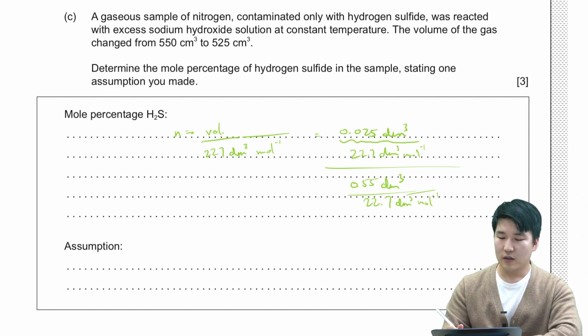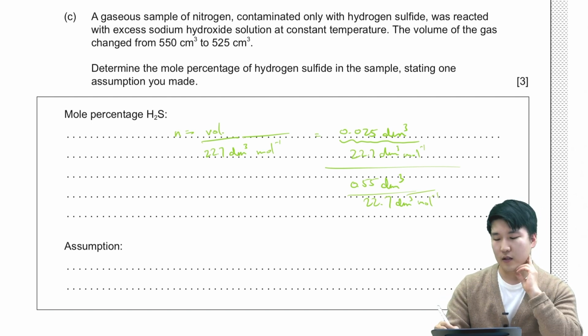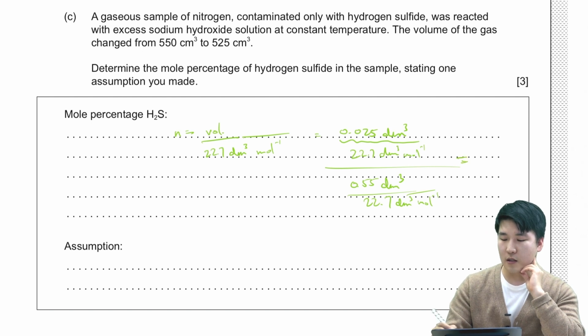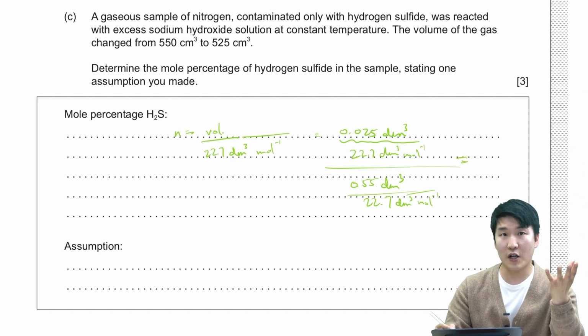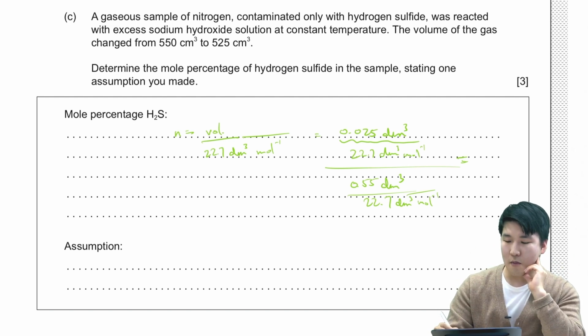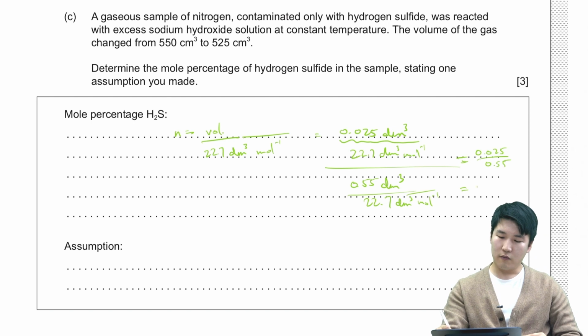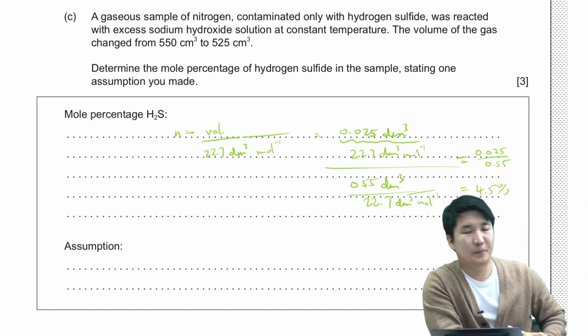This fraction is going to be the percentage. It will give us the fraction of hydrogen sulfide within the mixture, which can be simplified as 0.025 over 0.55. And if we times that by 100, that will give us the percentage, which will be 4.5%.